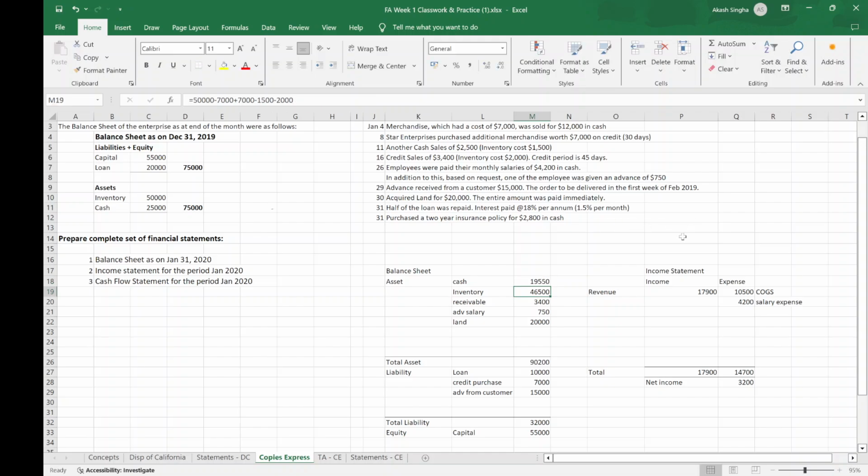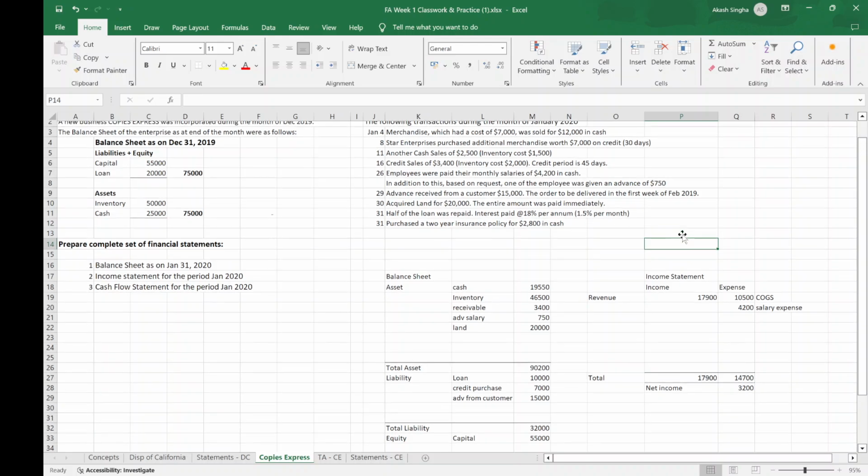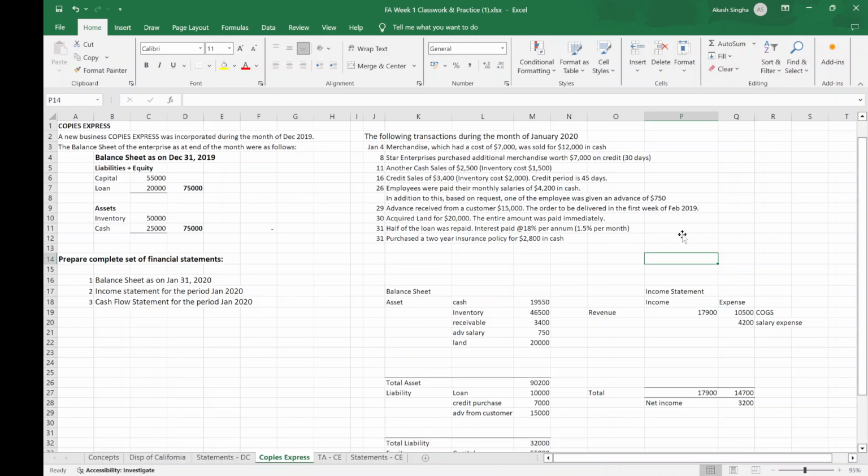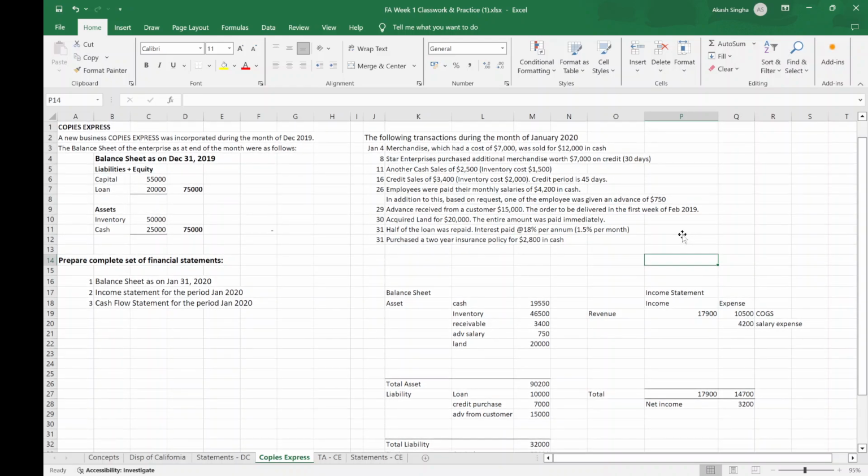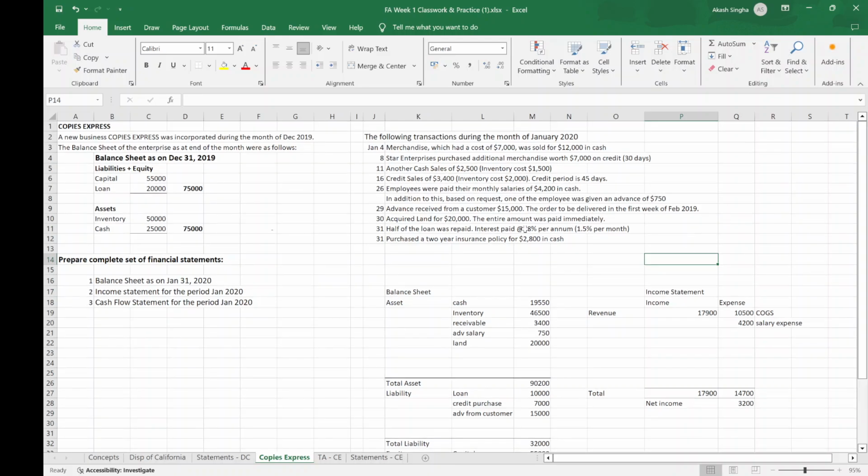Now the interest is 1.5% per month. It was given in January, so 1 month's interest equals 20,000 into 0.015, which is 300 rupees.